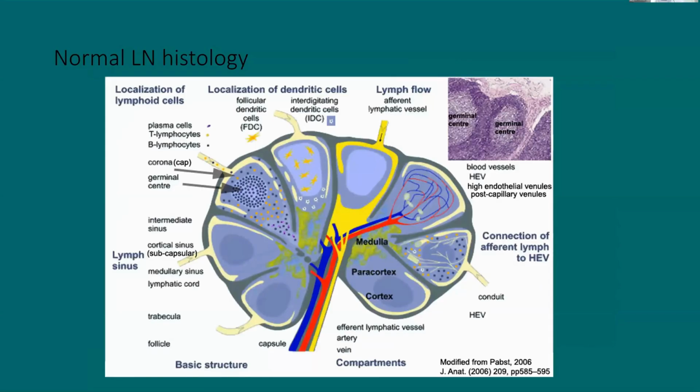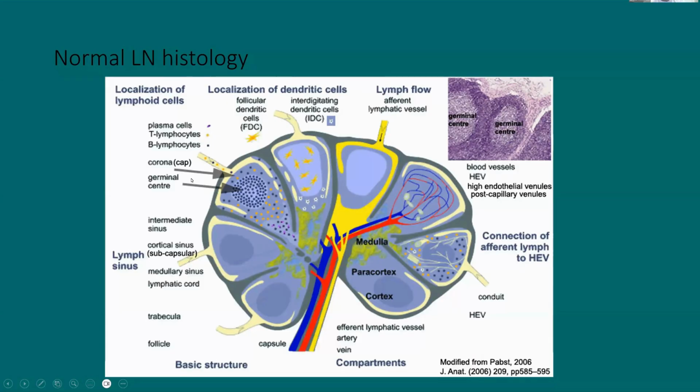Usually I start my lectures by describing what normal lymph node histology looks like. The normal lymph node will have two main areas called the cortex and the medulla, and it has sinuses. Patent sinuses are one of the features of normal lymph node pathology. An intact capsule without extension of the lymph node beyond the capsule is also one of the normal findings.